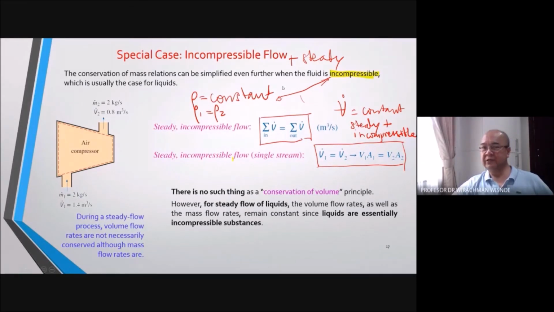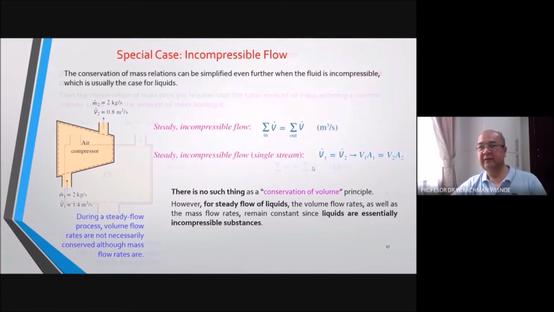In normal operation, liquid is always assumed to be incompressible. Water is incompressible under normal operation. So for water, we can say V dot constant, or V dot 1 equal to V dot 2. But for air, be careful. Air is compressible, so you cannot say V dot 1 equal to V dot 2.